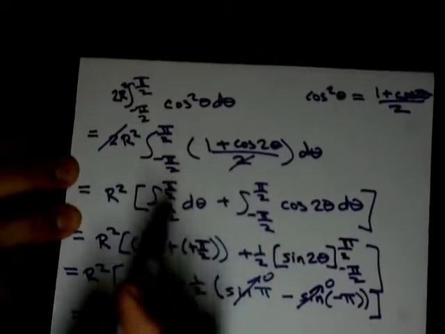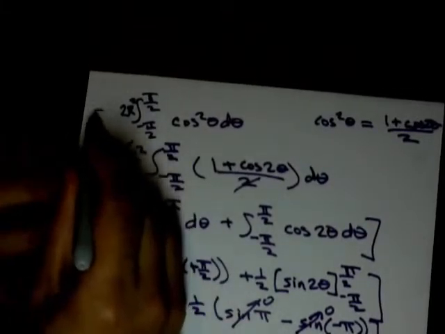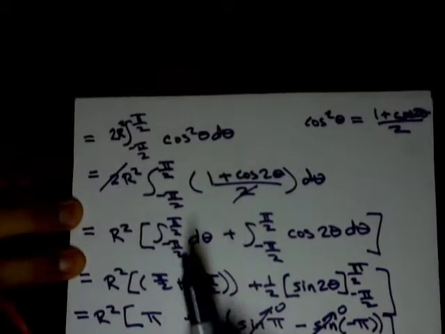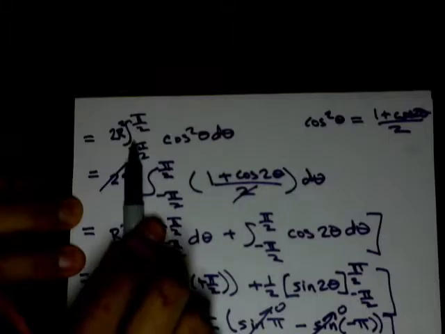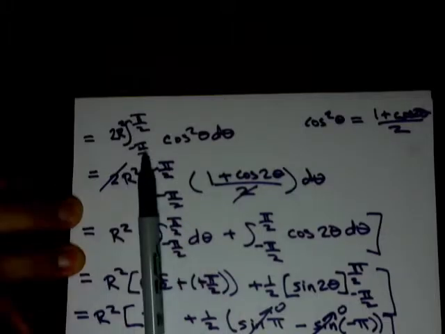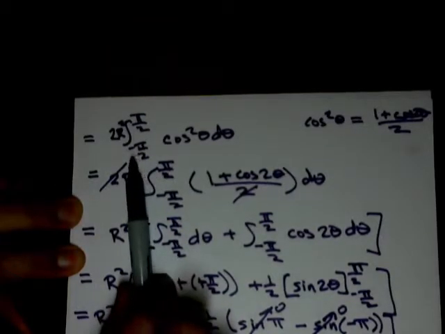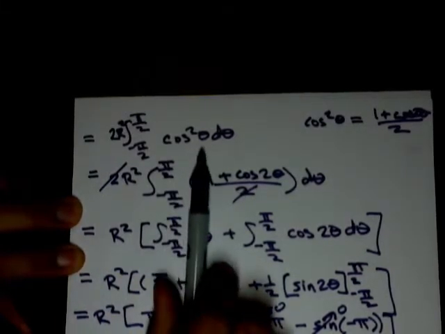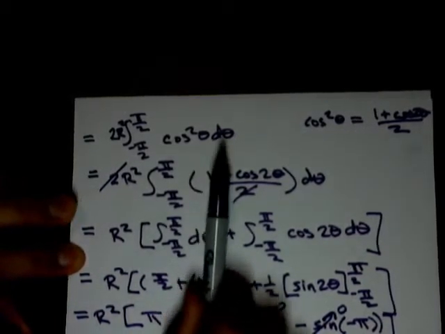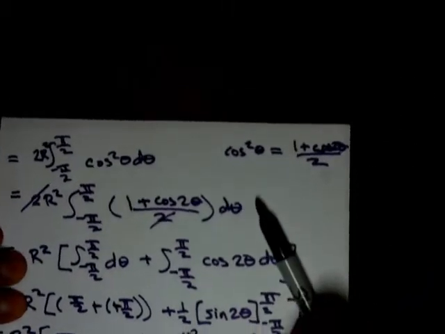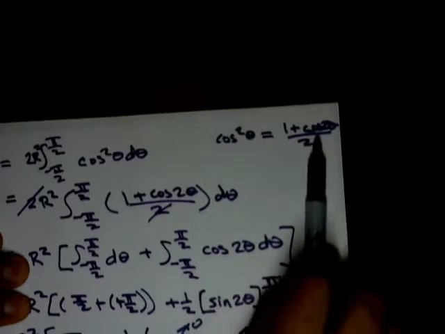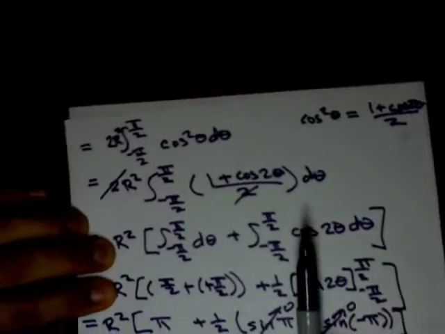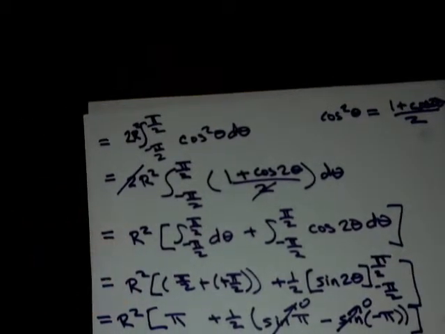So we see that this equals 2 times r squared times our integral that we changed variables on, and our lower limit is minus pi over 2 to pi over 2 times cosine squared theta. And if we remember our trig identity, cosine squared theta equals 1 plus cosine 2 theta over 2. So let's substitute that in.